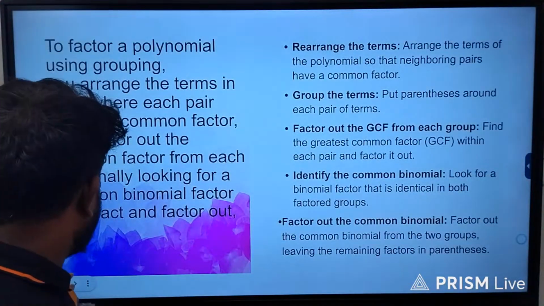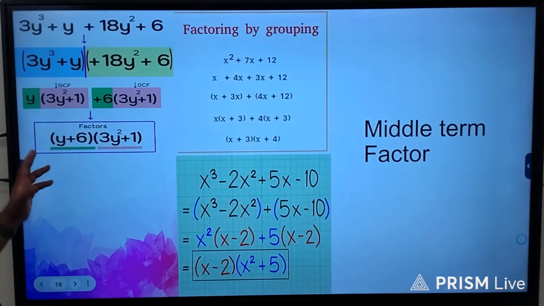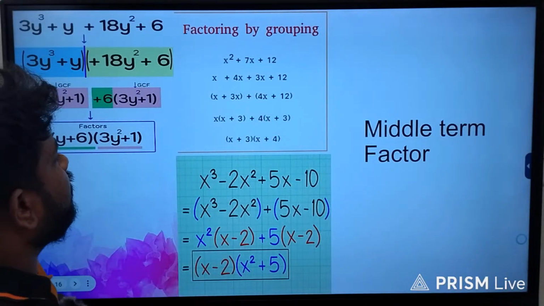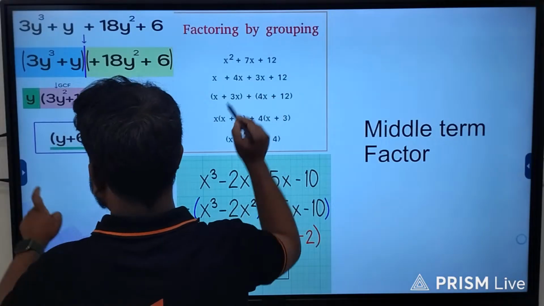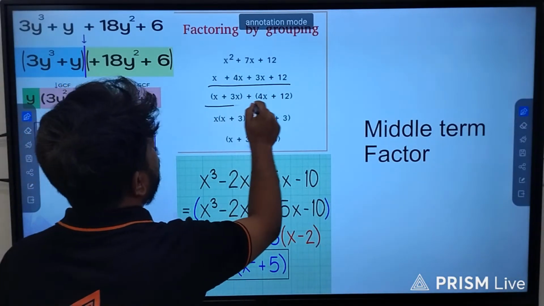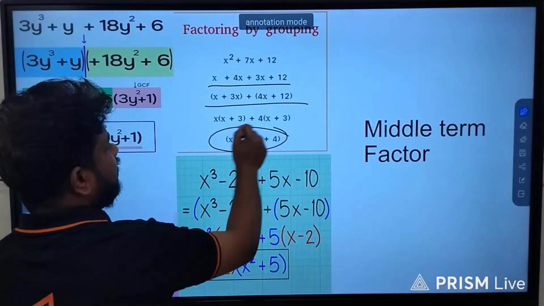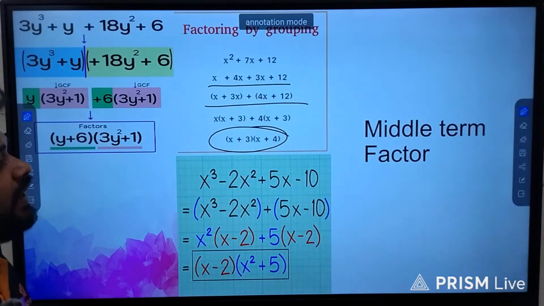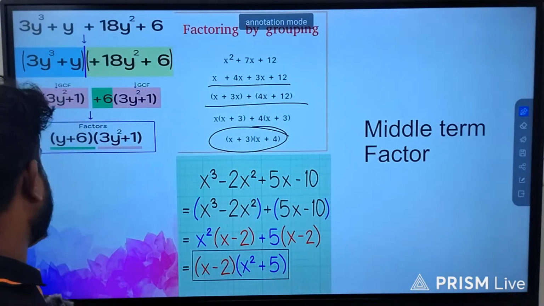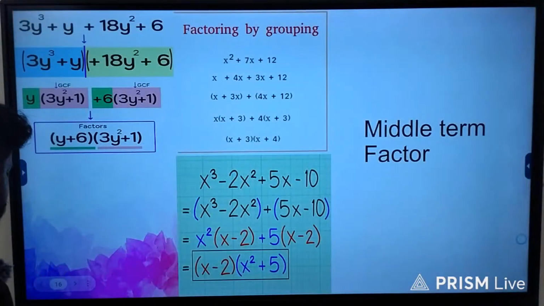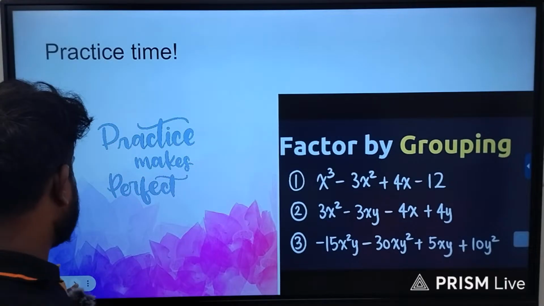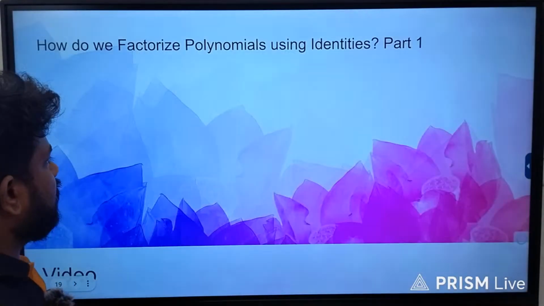Here they have grouped it, separated out the binomials and then rewritten it. We will try the middle term factorization in further slides. And the next one, factor by grouping. Let's do some practice.